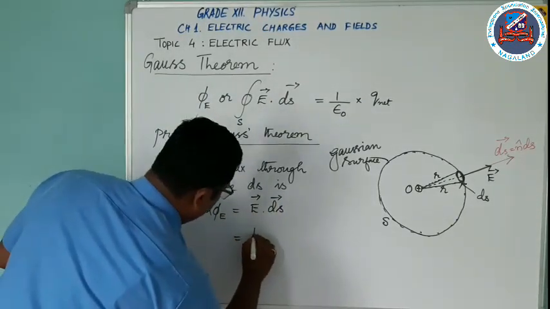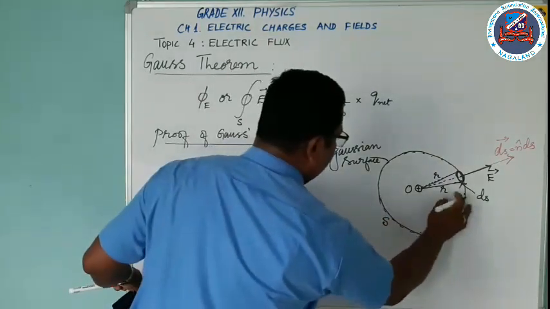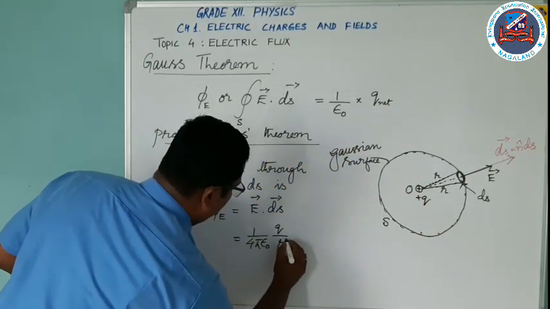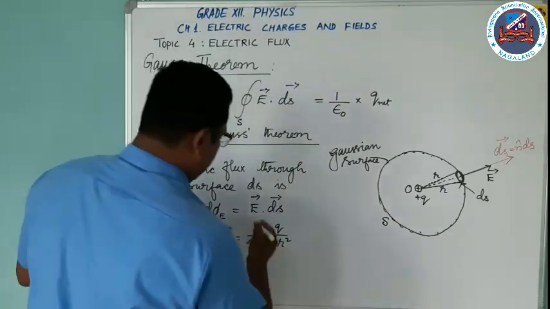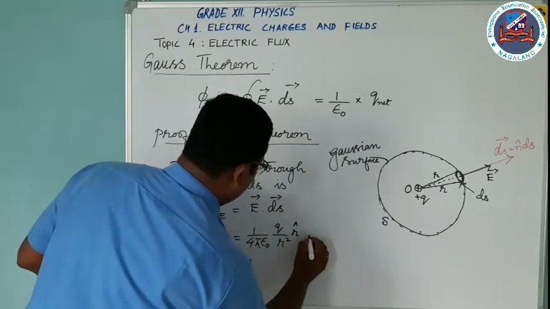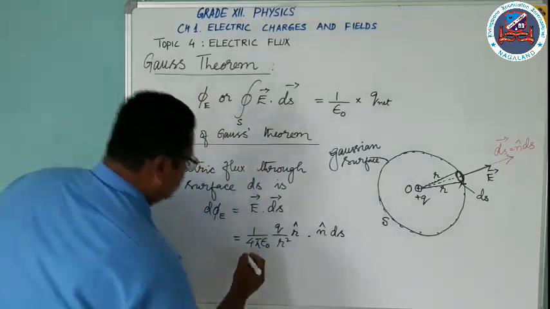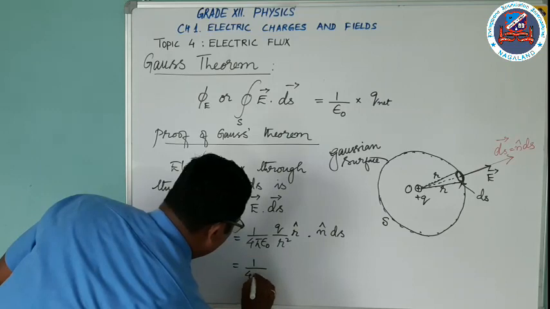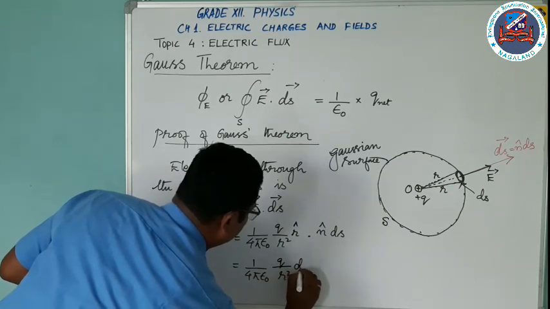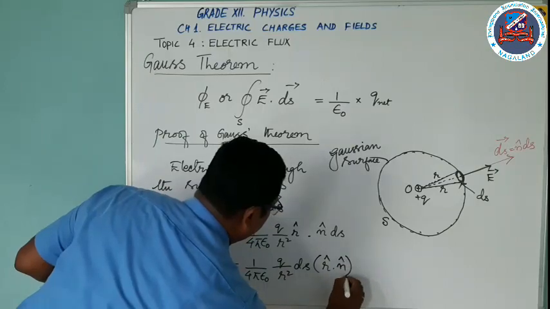The electric field intensity is 1 by 4 pi epsilon naught times charge divided by distance, here r, and the charge here is the positive charge Q, divided by r square, r cap in terms of vector, dot ds which is n cap ds. So this can be written as 1 by 4 pi epsilon naught Q by r square ds, and in the bracket the unit vectors r cap dot n cap.